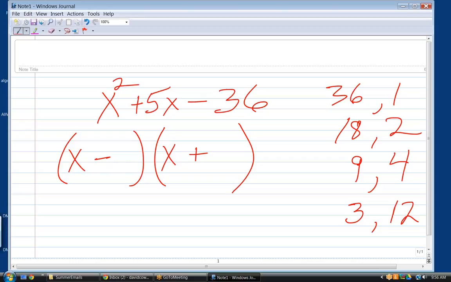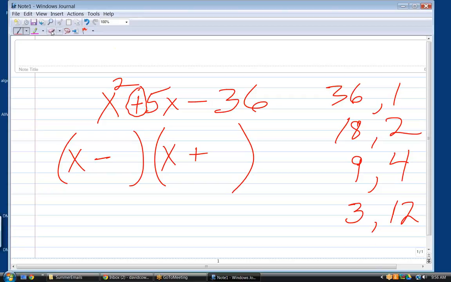Where's the 4 go? 9 goes with the factor sign. With the what? 9 goes with the X. Well, there's both x's there. The bigger of the factor, remember that, the bigger of the factor goes with the sign of the middle term.